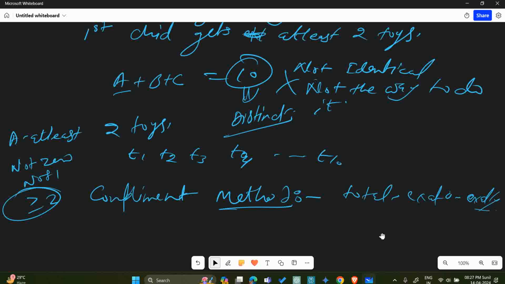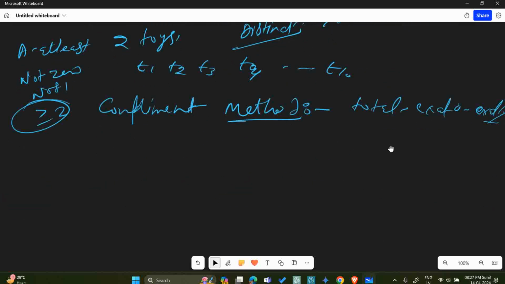Total, what is the total? Toy 1 can go to A or B or C, so there are 3 choices, 3 to the power 10.